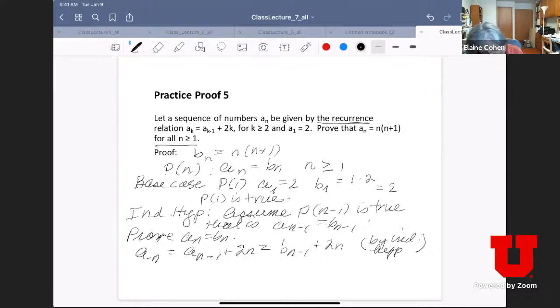Okay, we're not done yet. So what's b sub n minus 1? That's equal to n minus 1 times n minus 1 plus 1, which is equal to n minus 1 times n.